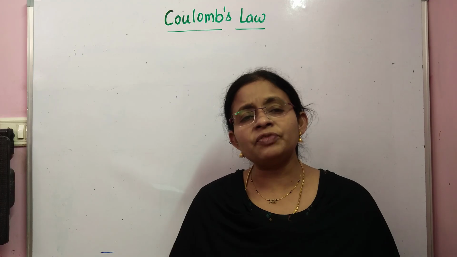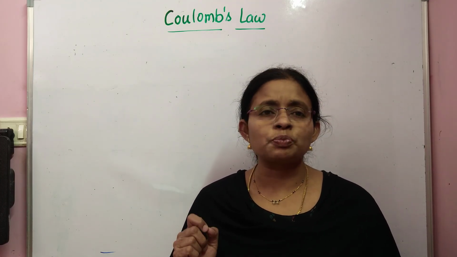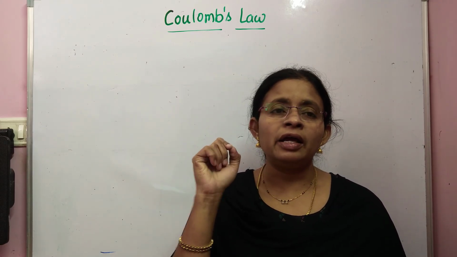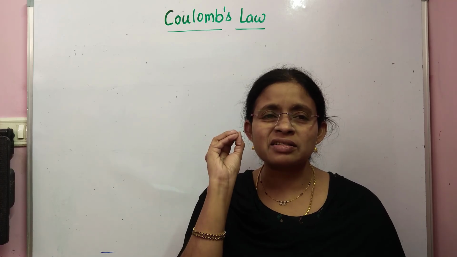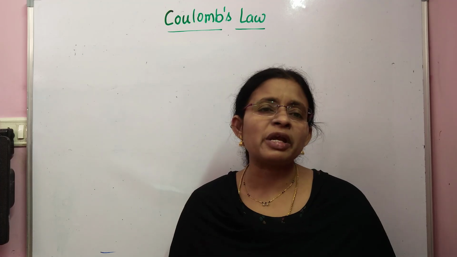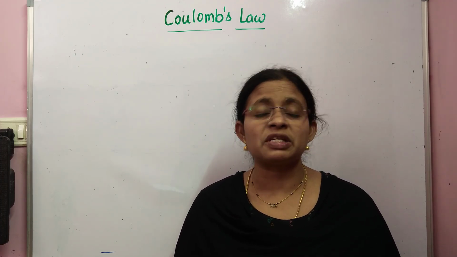In detail, if there exist many point charges, where a point charge means a small charge, suppose you take a pin and on the pin head many charges are aligned, then those charges are called point charges. If many point charges exist in a medium or in a space, there exists some force between them.